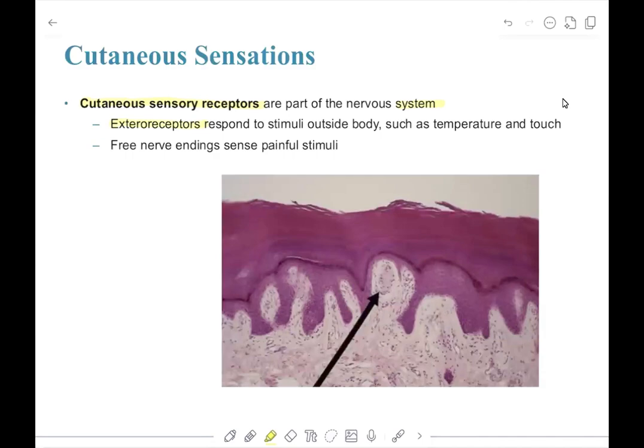They respond to stimuli outside of the body, like temperature and touch, or free nerve endings that sense painful stimuli. So this would be an example of a receptor. You may remember that this specific receptor is called a Meissner's corpuscle.